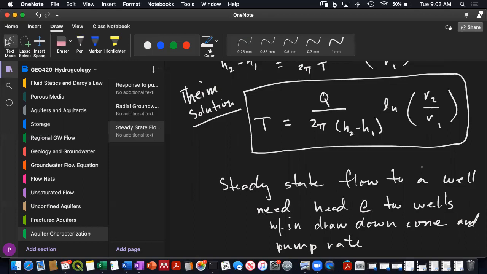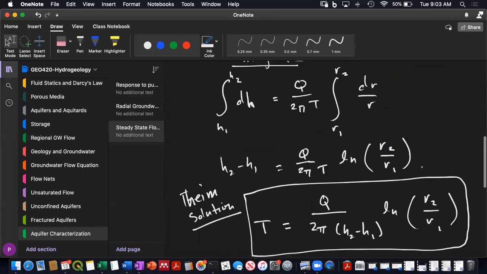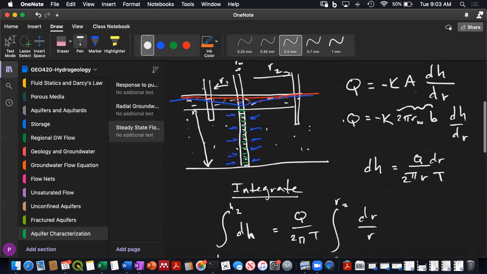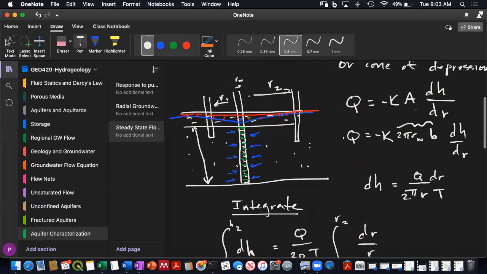So if you're going to delineate r1 and r2 based off your 2 wells, is there a rule you have to follow to designate which one is which, or do you just choose? Let me move back up here. I'm not sure I follow. So what's the question? Say you have r1 is close to the well and r2 is far from the well. Is that just arbitrary that you chose, or?